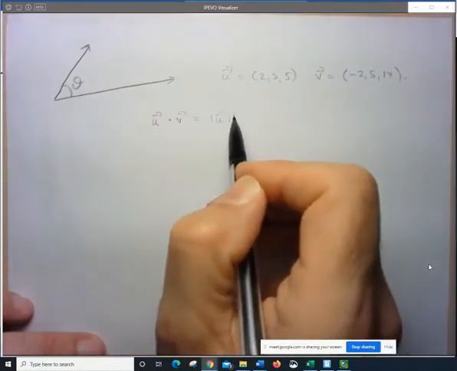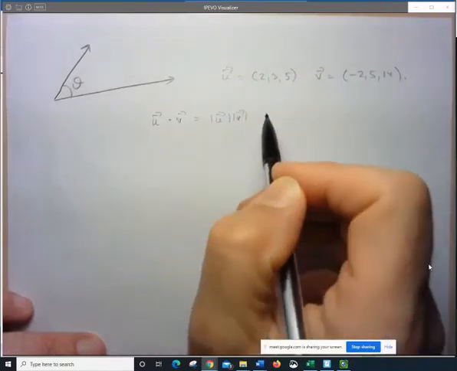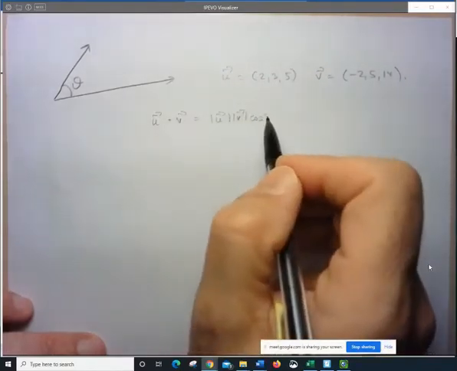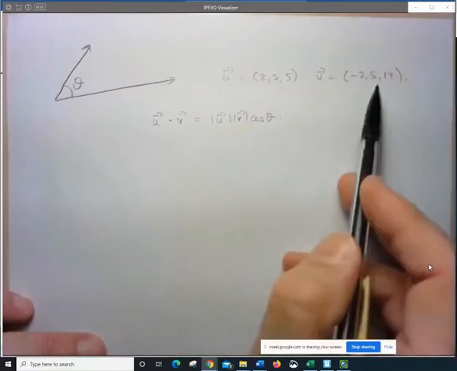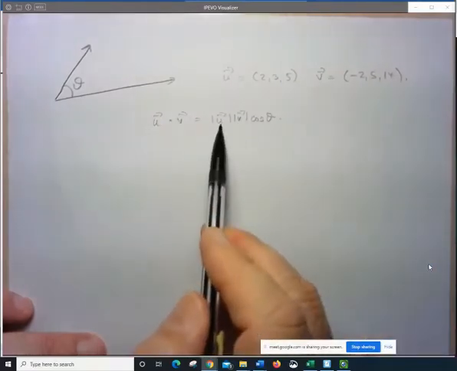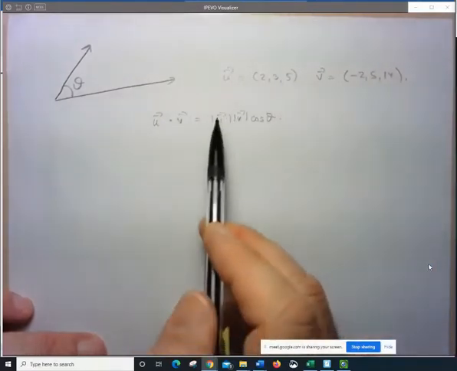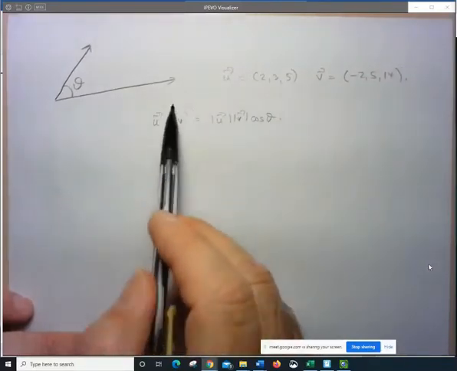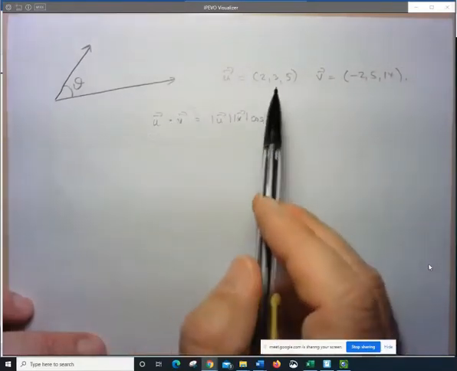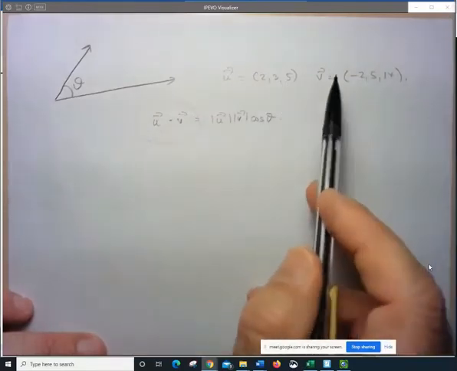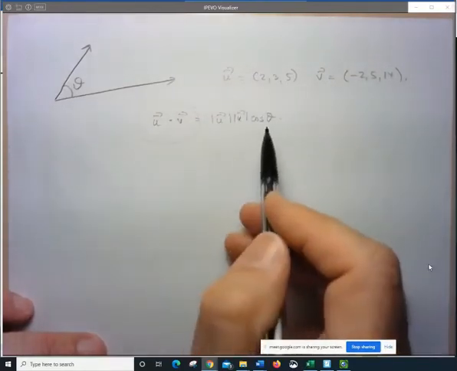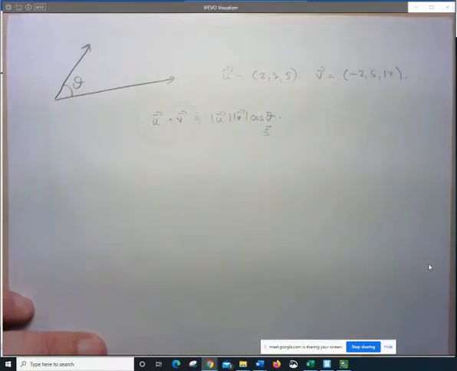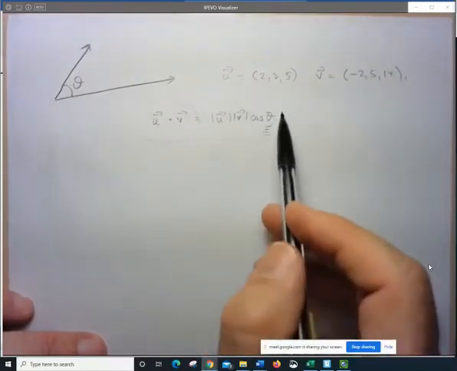All right. And this is because now these vectors, determining these magnitudes is fairly easy to do, a bit of work, but fairly easy to do. But now I have an algebraic way for easily determining the dot product. So in the end, the only thing that's left in my equation that's not easy to do is the angle.